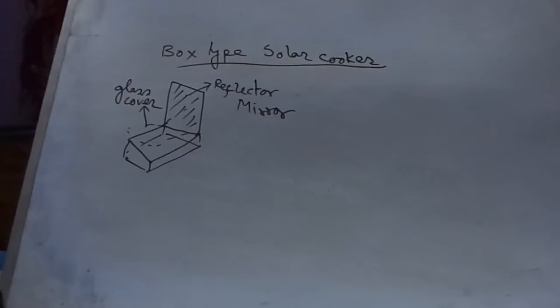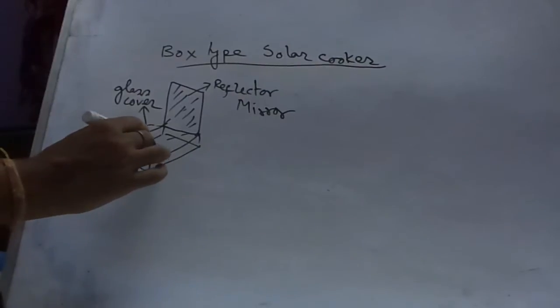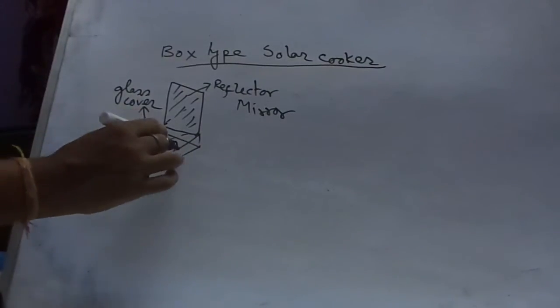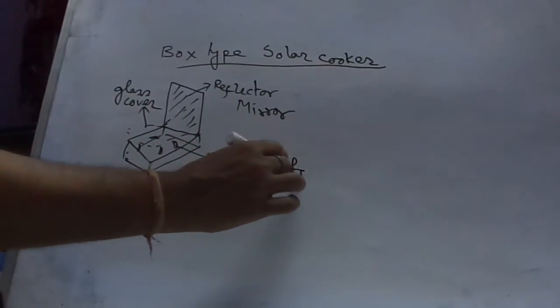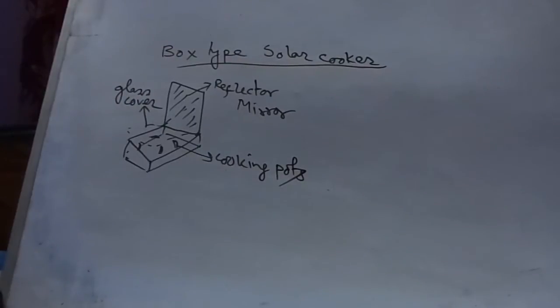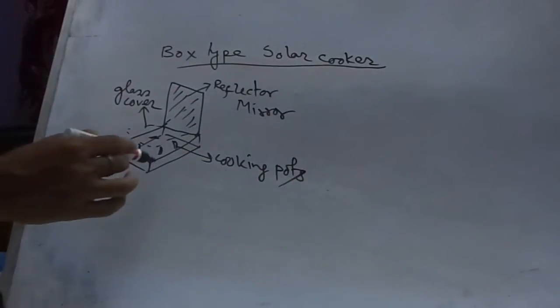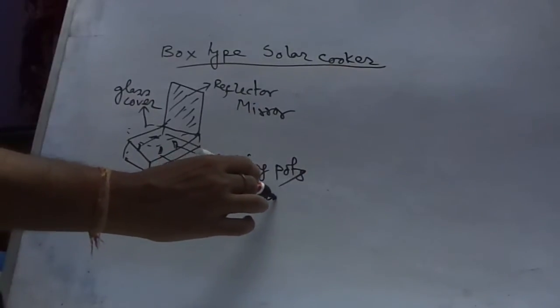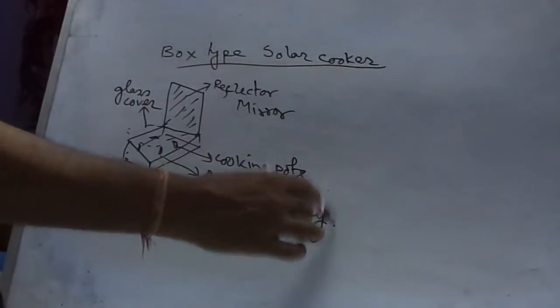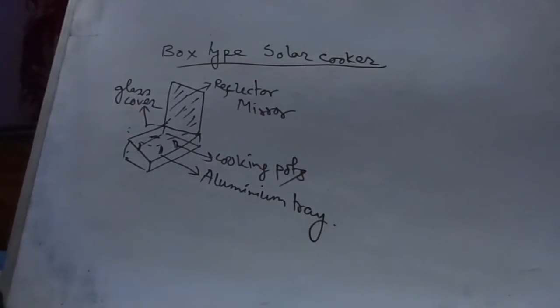Another one is the cooking pot, this is the position where the cooking pot is placed. And another one is the aluminium tray. So this one is the box type solar cooker.